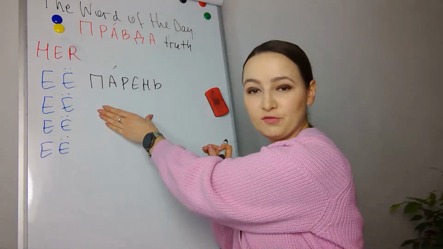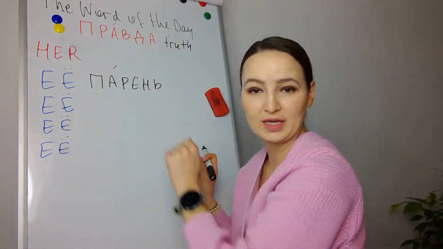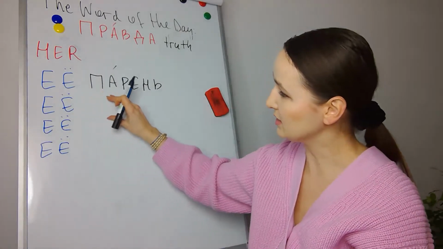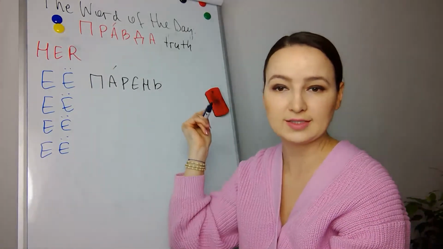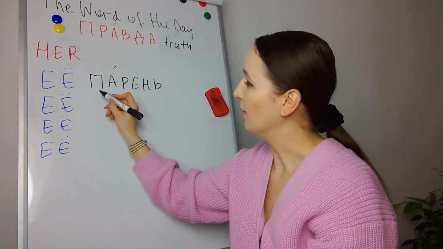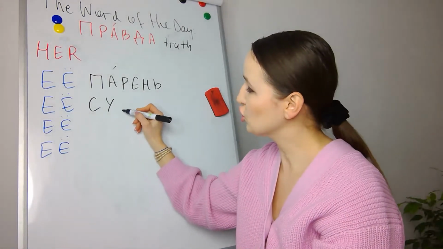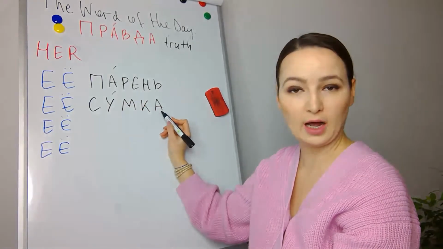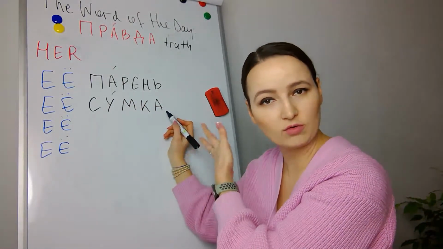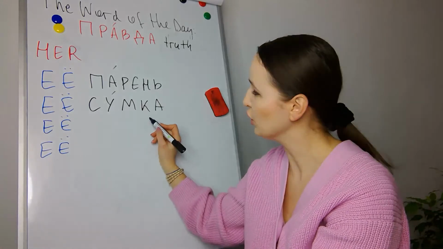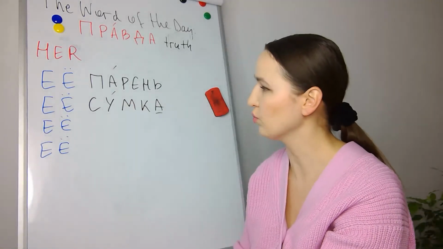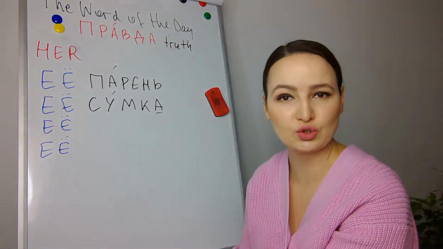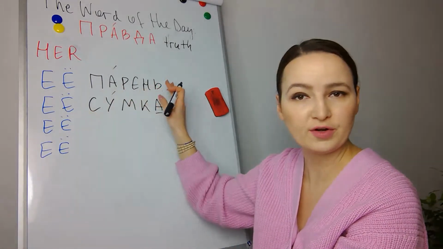Now a noun in feminine. Её will remain the same. Её and the noun in feminine. For example, сумка, a bag. It ends in a, so obviously it's a feminine noun. Сумка. Her bag. Парень, boyfriend.